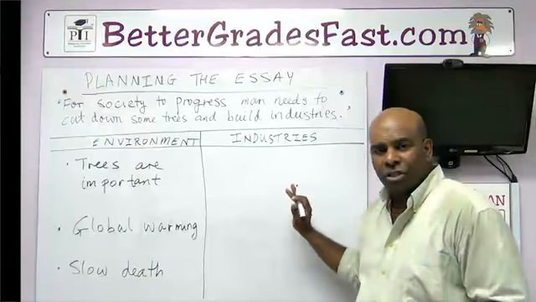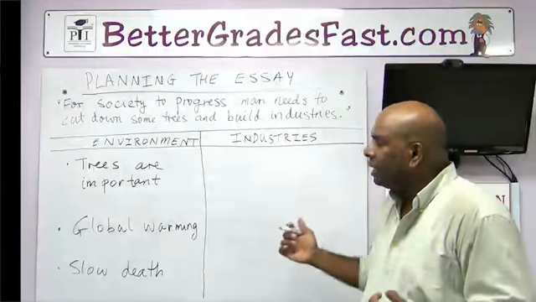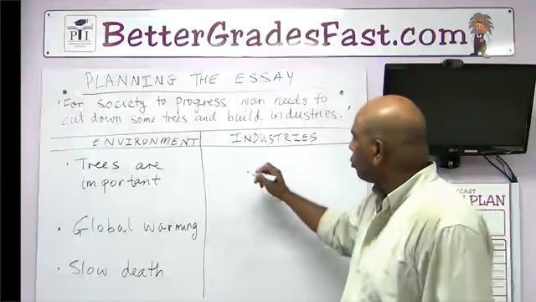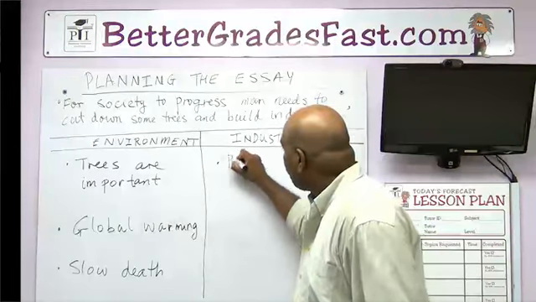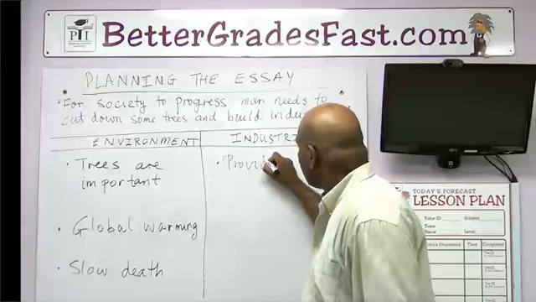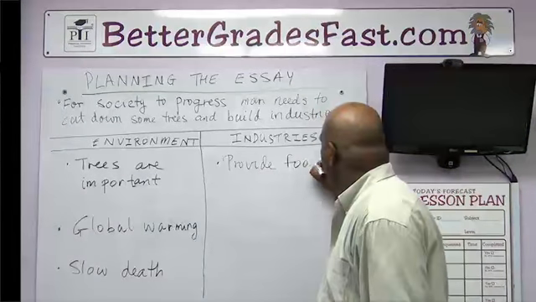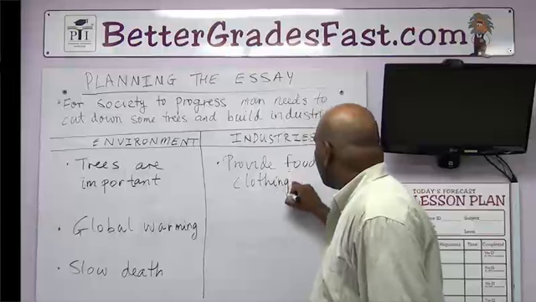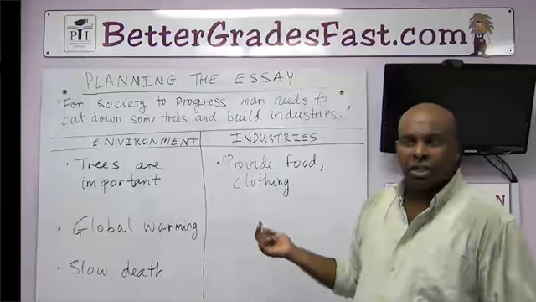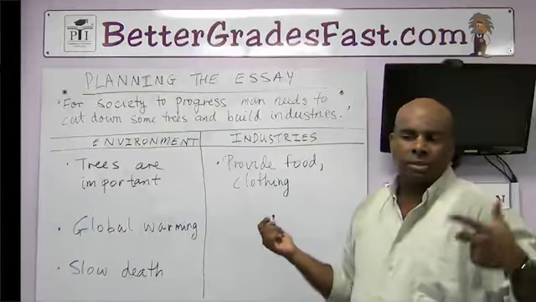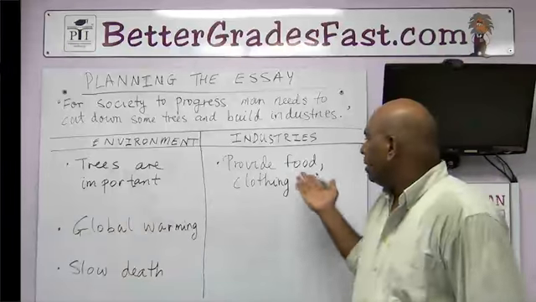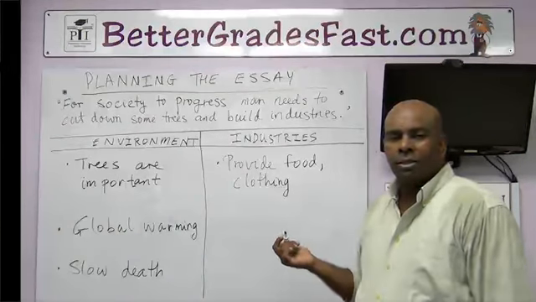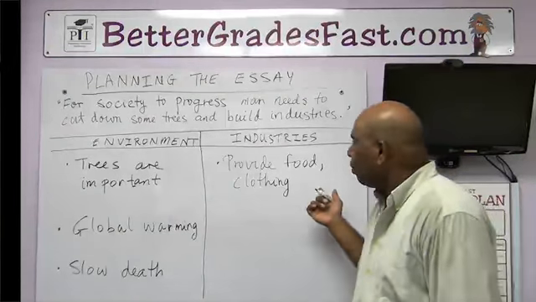Let's look at the other side. Let's look at industries. Why do we need industries? Well, we need industries because industries provide food, clothing, lots of stuff. Televisions, air-conditioned units, all the things that we like in life, industries make these things. So we need them. That's a big point.